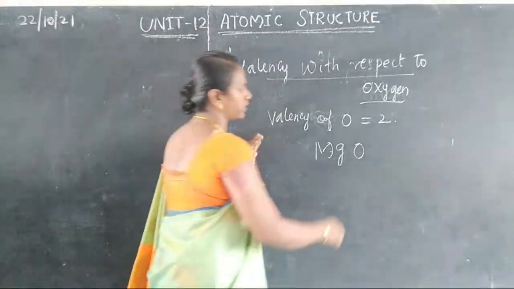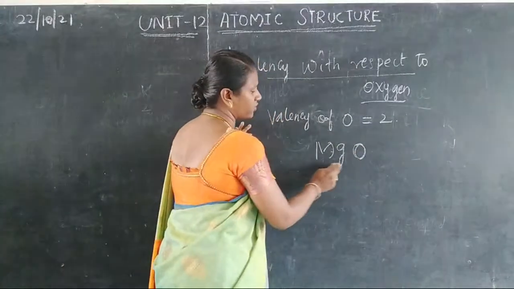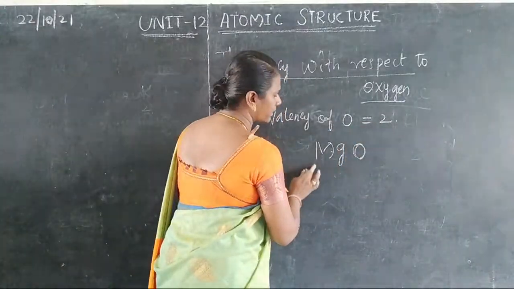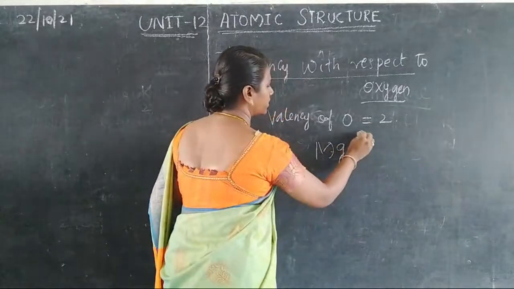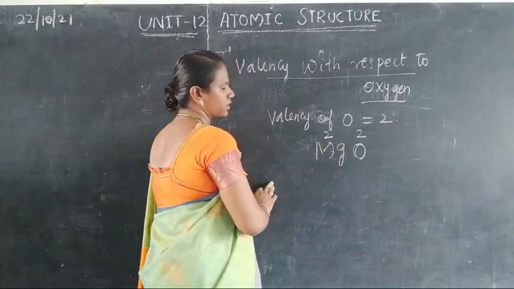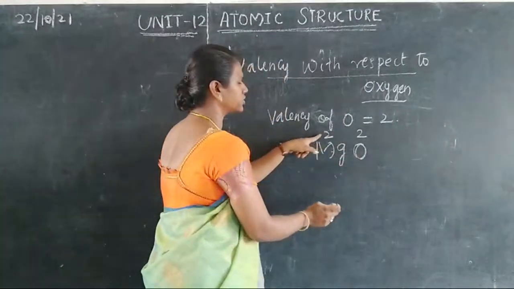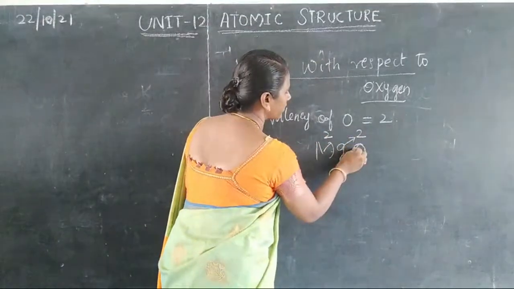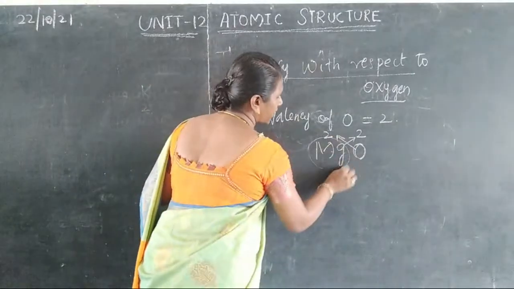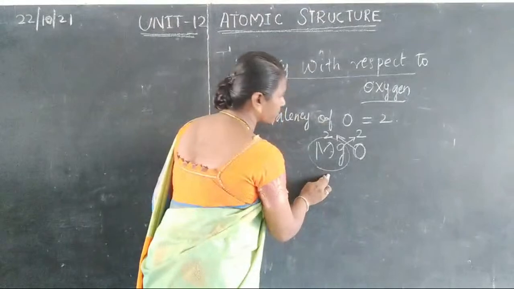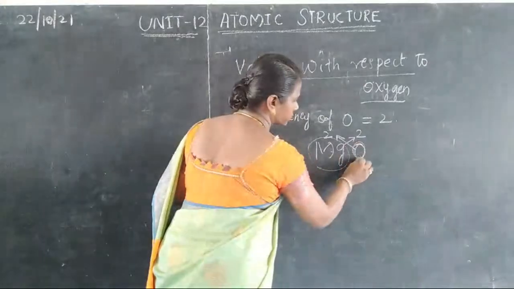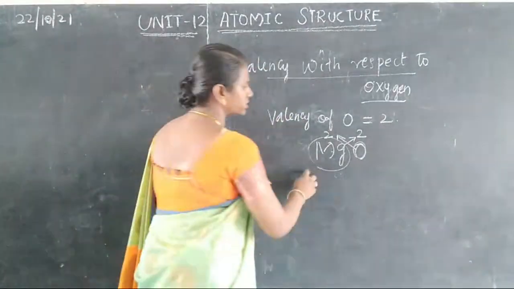We can decide the valency of magnesium is 2 because the valency of oxygen is 2, and 1 magnesium is combined with 1 oxygen. So the valency of magnesium is 2.